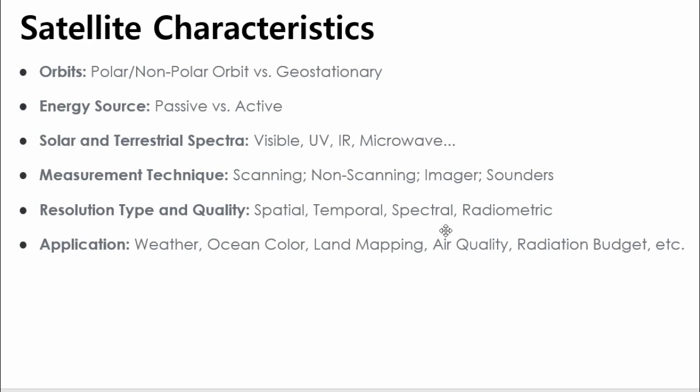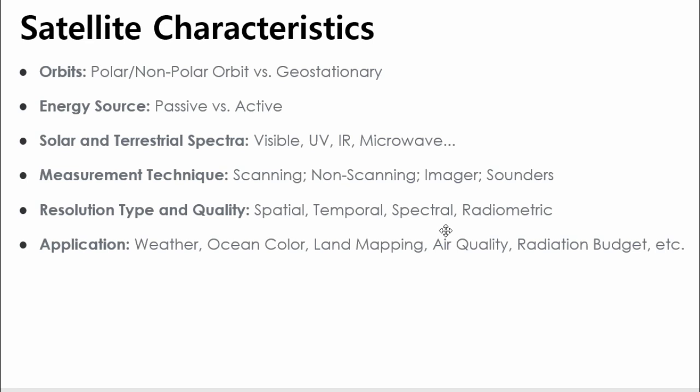Satellites can be classified into several different types of sensors by orbit, whether it's polar or non-polar, or by energy sources, whether it is passive or active sensors, or the spectra, like we just saw in the broad range of the electromagnetic spectrum.